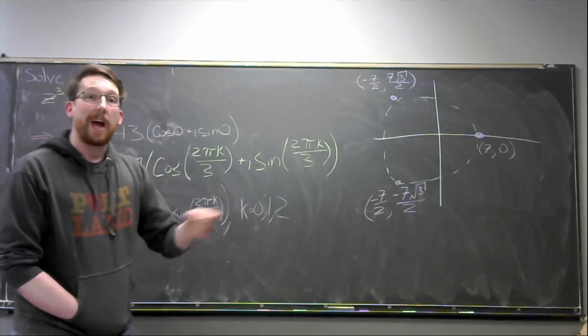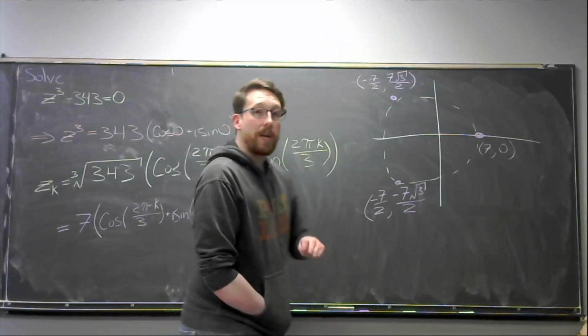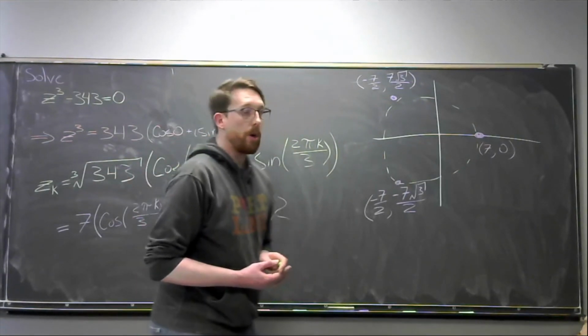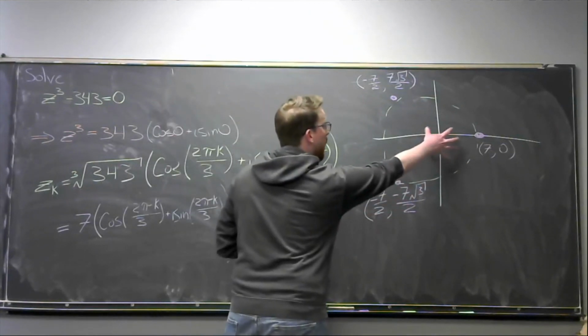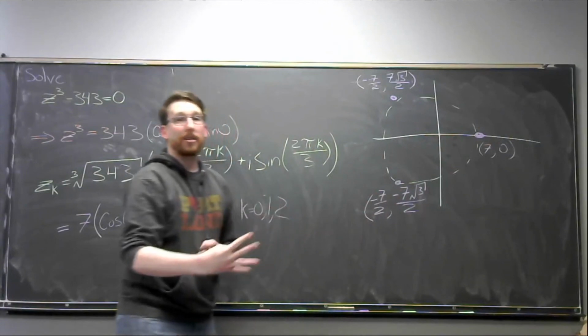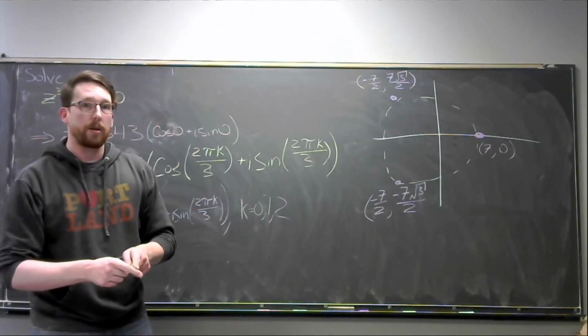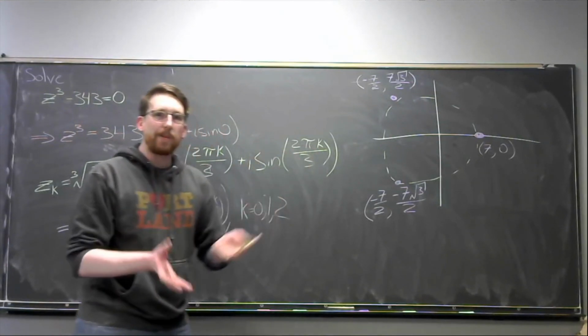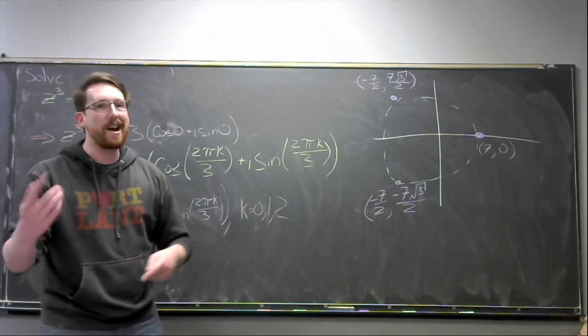And this always happens. Let's say instead of using the cubed root, we used the 4th root. We would divide our circle up into 4 different parts that were evenly spaced. If it was 5 different parts, evenly spaced. 6, 7, 8, 9, however many.